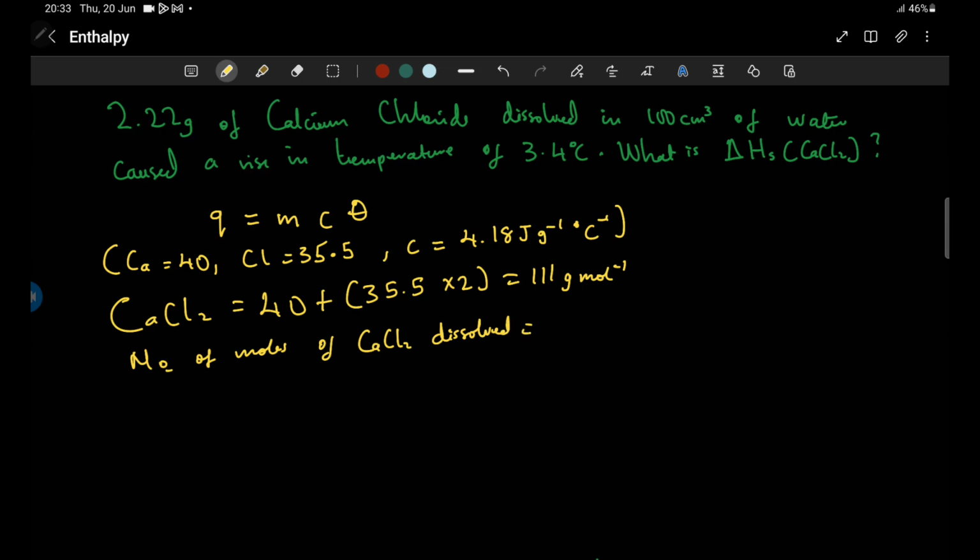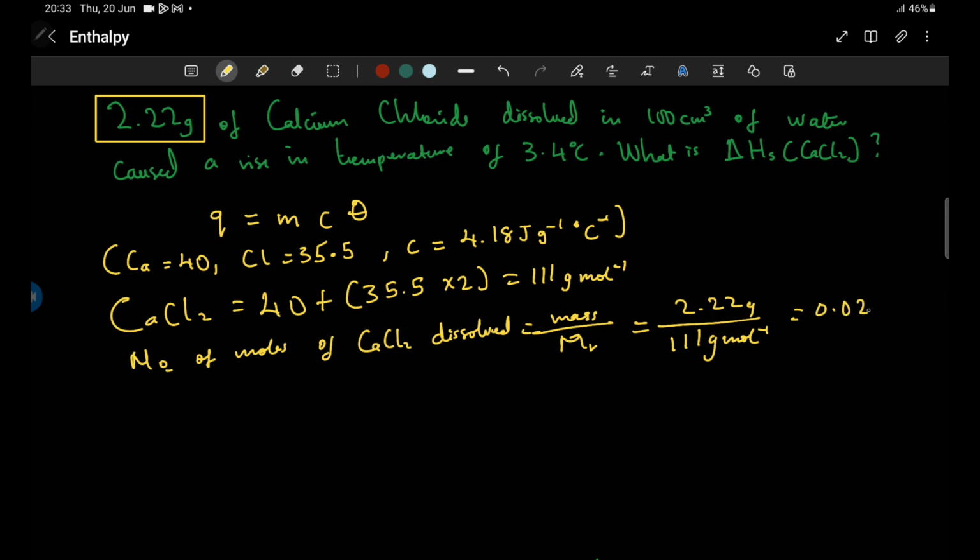So we convert the amount of calcium chloride given to us here to moles. That's mass over molar mass. That is 2.22 grams over 111 grams per mole. That is 0.02 mole.